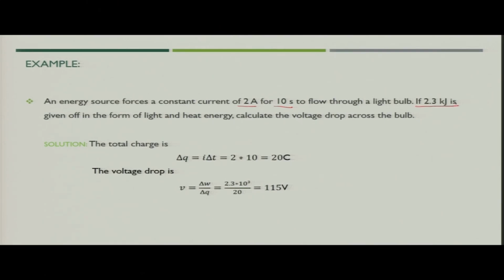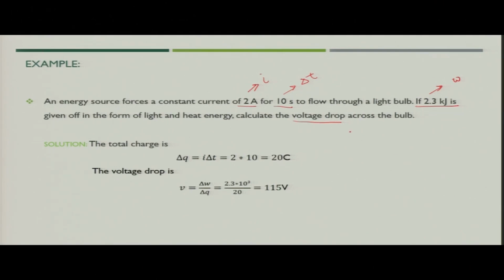If 2.3 kilojoule is given off in the form of light and heat energy, what is the voltage drop across the bulb? Now, what is given? You have current I, you have time delta t, and you also have the value of energy which has been consumed.